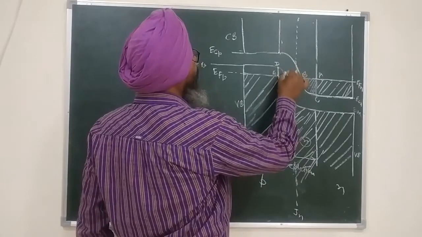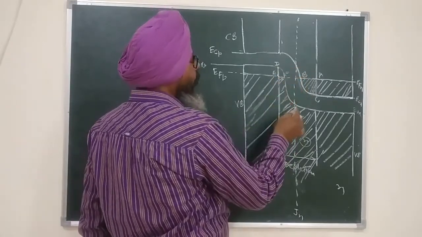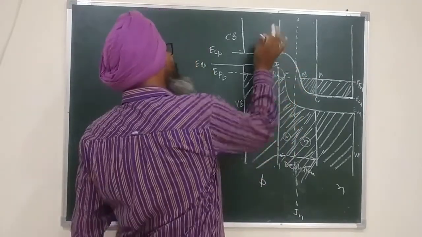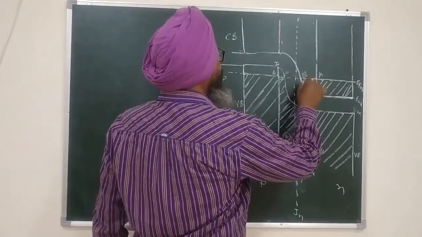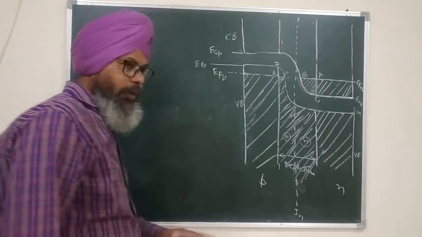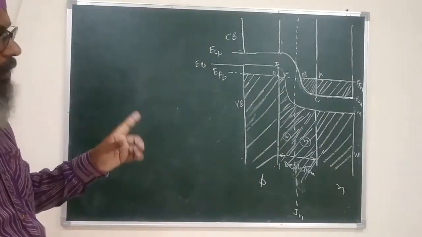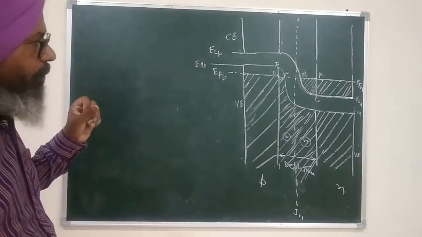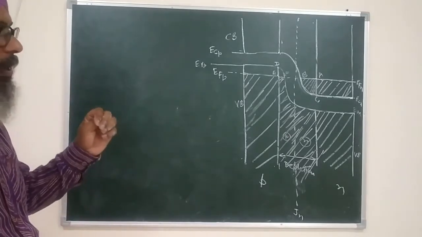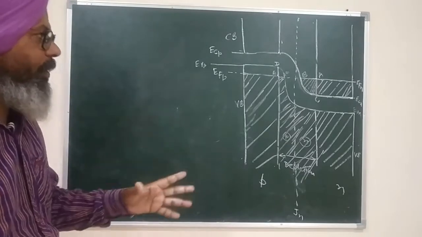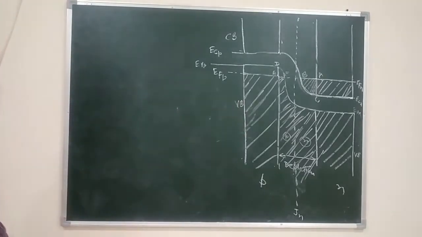Triangle DEF, which is an empty energy band, is above Fermi, and triangle ABC, which is a filled band, is below Fermi. And this is when there is no biasing. You have not applied any bias. You have not connected this material with any external voltage. Then all this will happen.